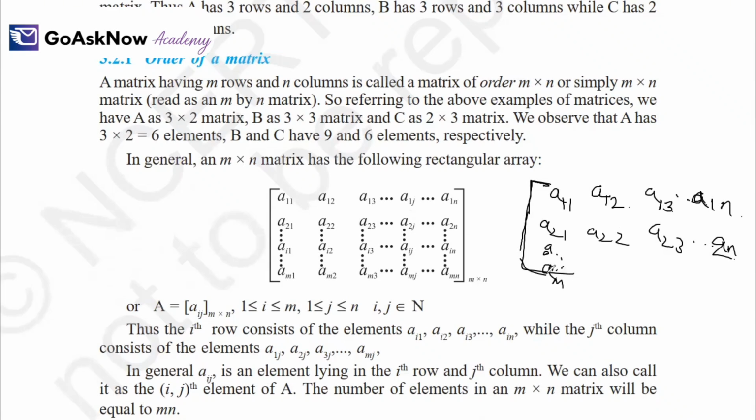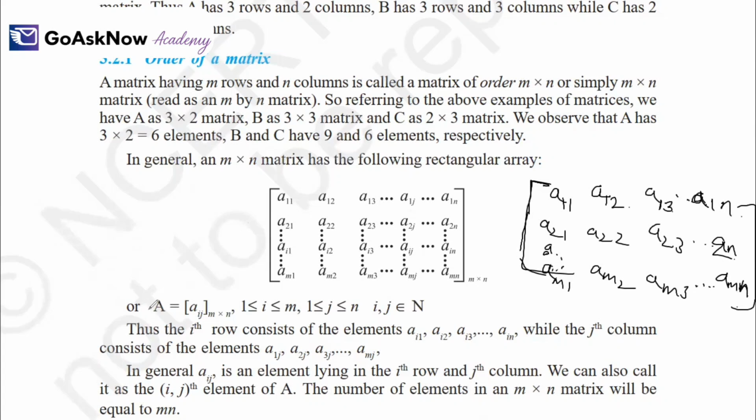In your mth row, the first element is Am1, then Am2, then Am3, and it goes on to Amn. So the last entry will be Amn, because M cross N is the order of your matrix.